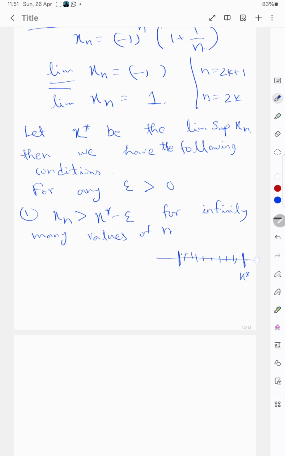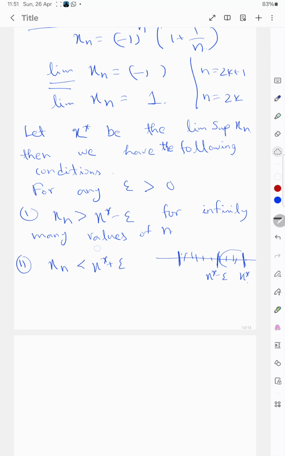So basically if this is x star, and you consider x star minus epsilon, then infinitely many values of n are there for which your xn will be greater than that. And second, your xn will be less than x star plus epsilon.